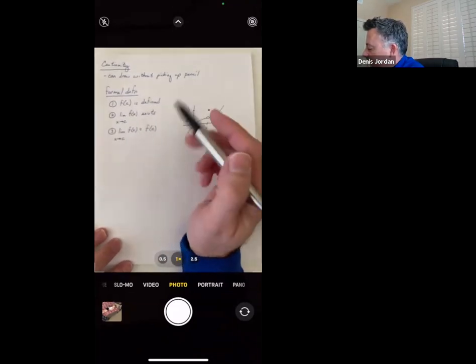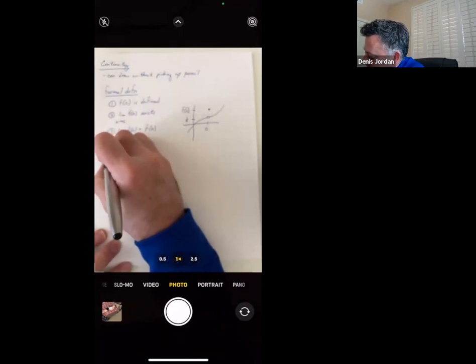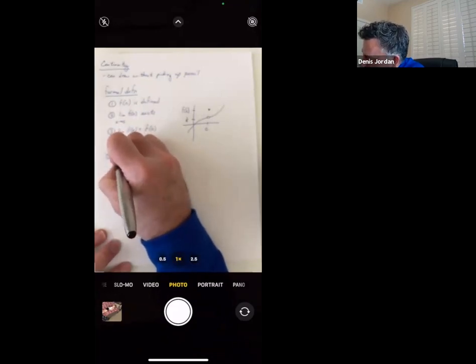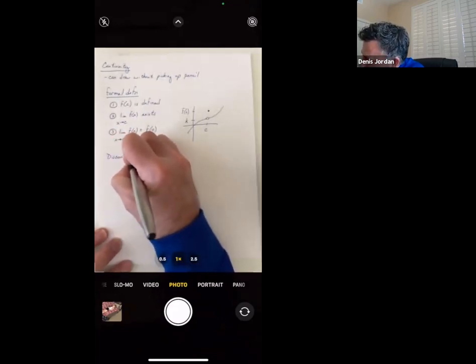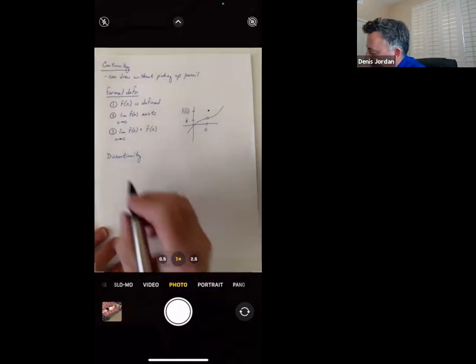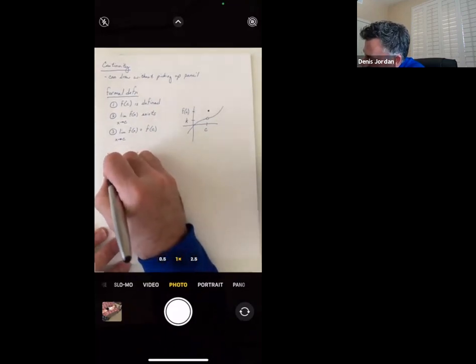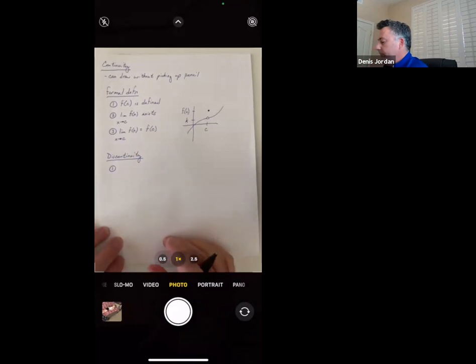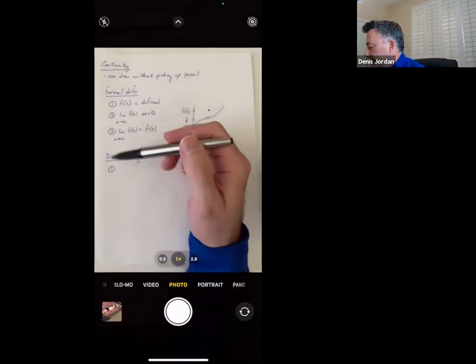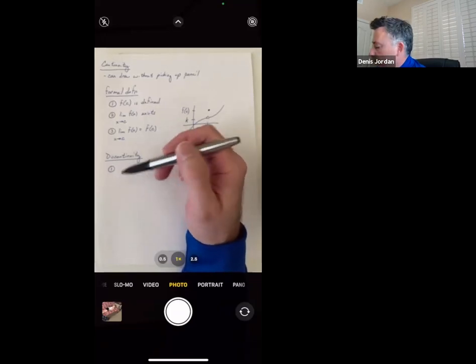And the other place where it gets a little tricky is when you start talking about discontinuity, because you can classify discontinuity in one of two ways.